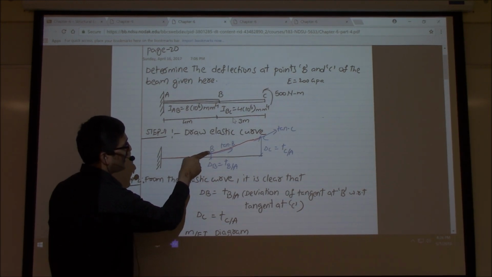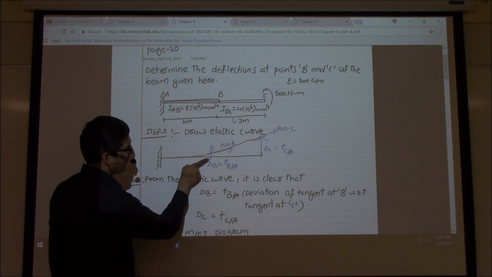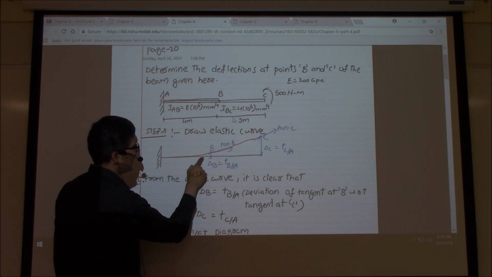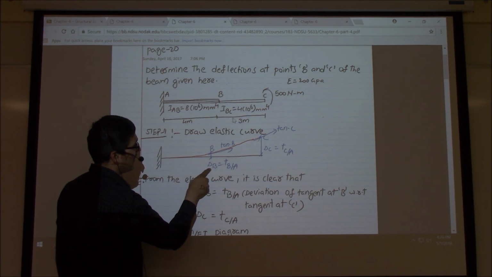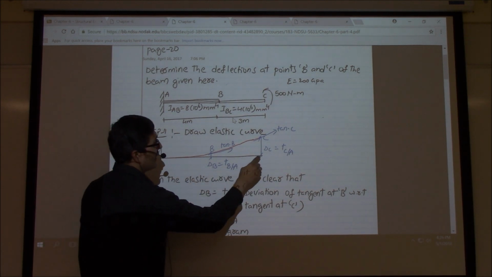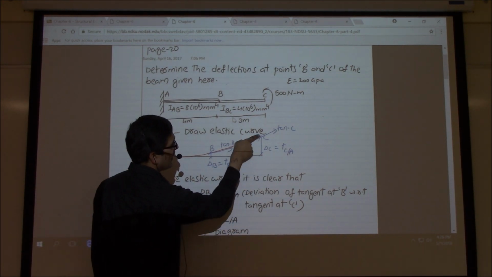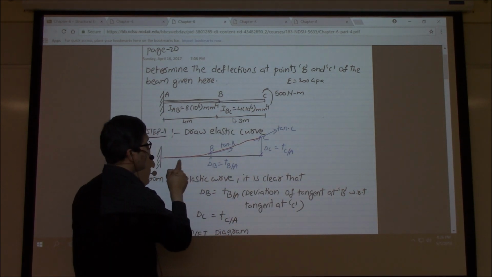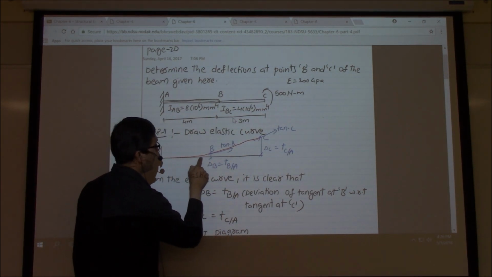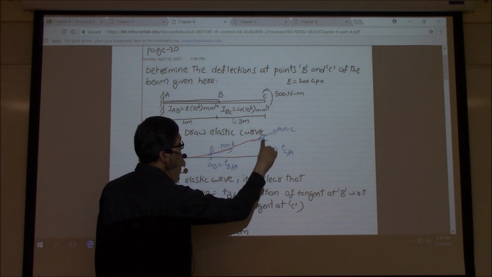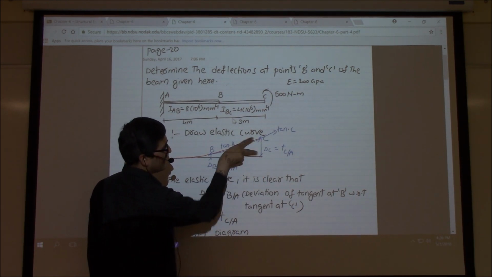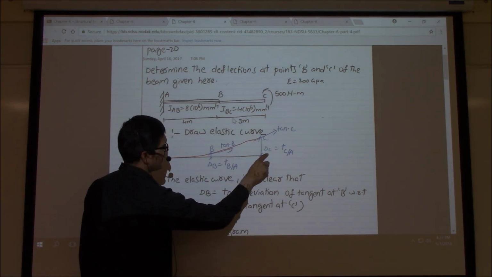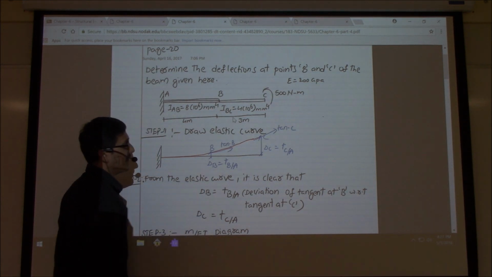So the deviation of the point B with respect to the tangent that is passing through point A will be my delta B. Similarly, the deviation of the point C with respect to the tangent that is passing through point A will be my delta C. Tc by A is equal to delta C and delta B is equal to Tb by A.